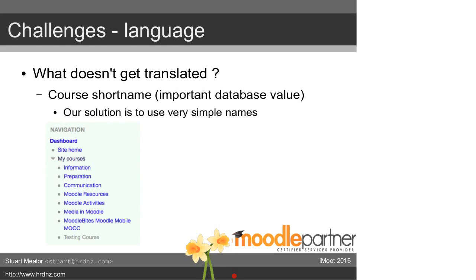Some things don't get translated. One of the notable things is the course short name, and that is because it's really a critical value in the database underneath. So short course names cannot be translated. We elected to use very short course names everywhere, just to make sure that even for French speakers with rudimentary English, it would still make sense.